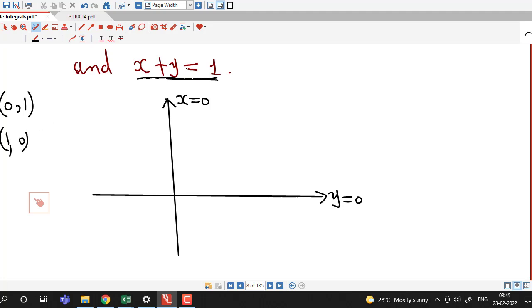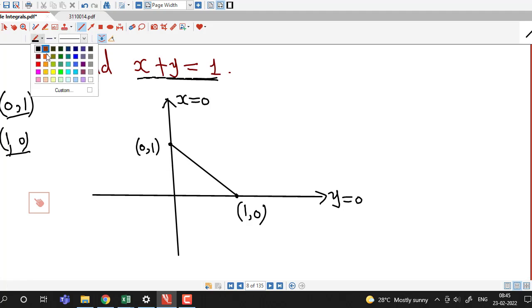If we take x equal to 0, we have y equal to 1, that is this point, and for y equal to 0 we have this point. So we can sketch this line. It passes through the point 0, 1 and somewhere here, suppose this is 1, 0. So we can join these two points, 0, 1 and 1, 0.